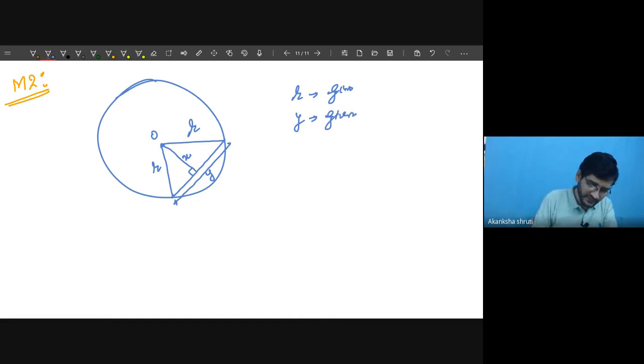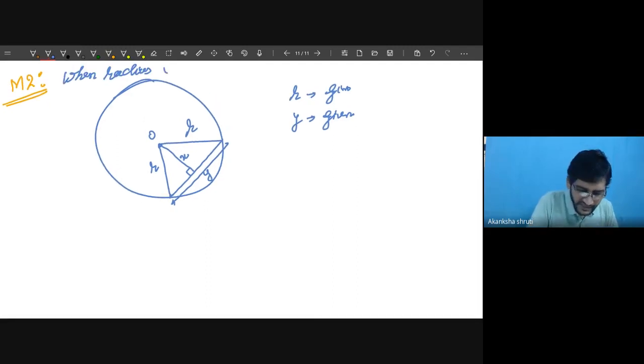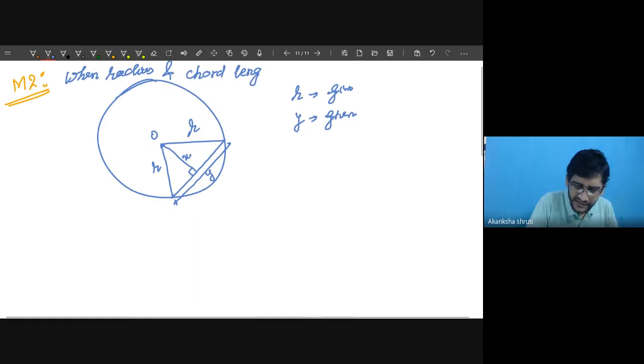So when to apply this? When radius and chord length are given.